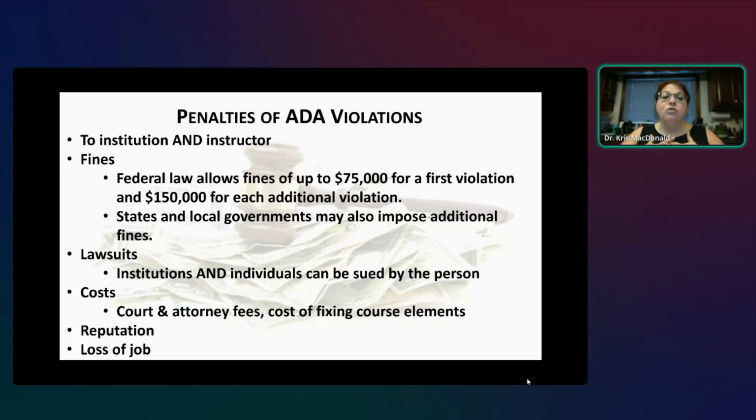So if the institution has been brought up on violations, the institution can illustrate that they have an accessibility services department, and then we also can save them, so to speak, by showing that we have done our due diligence. We have done workshops to educate faculty on accessibility.